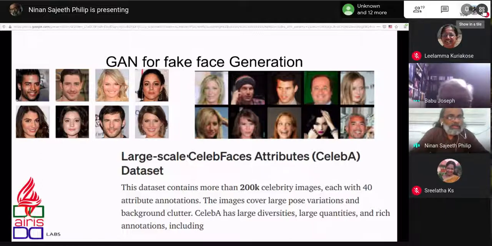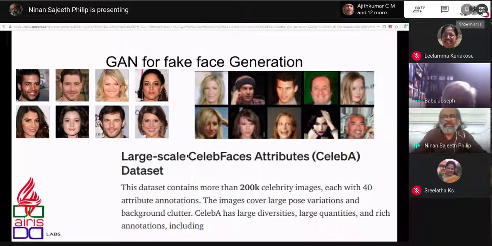Now, likewise, here also we have a large data set of celebrities, because we are looking for beautiful men and women. We are going to a celebrities database, which contains about 200,000 celebrity images. So the instructor, or our discriminator, is trained on this data set.